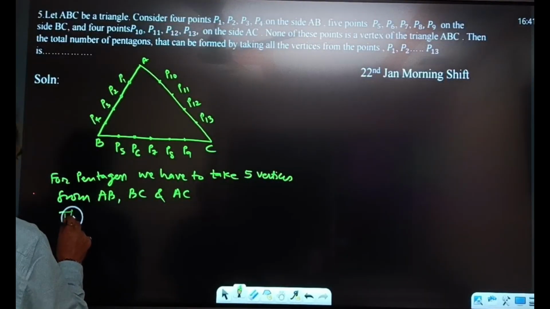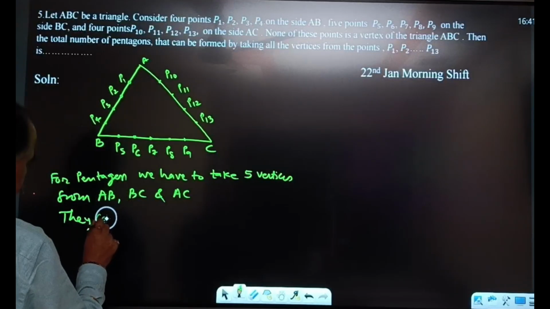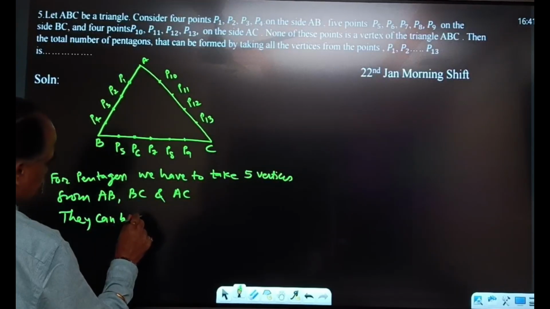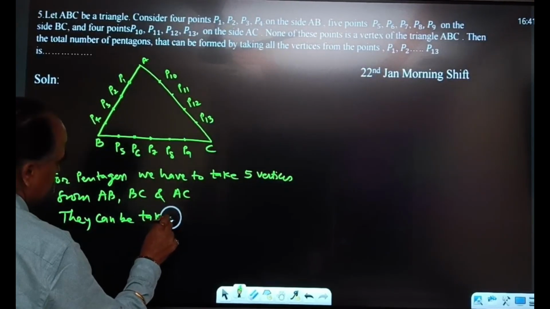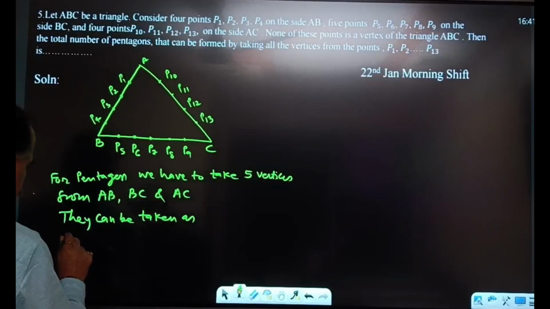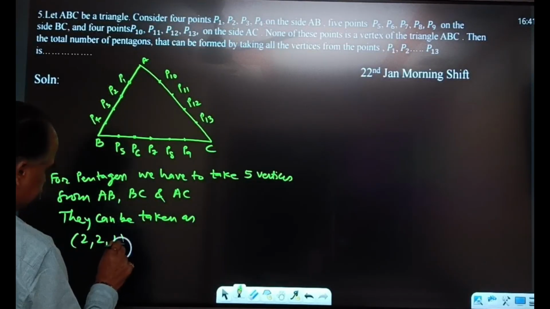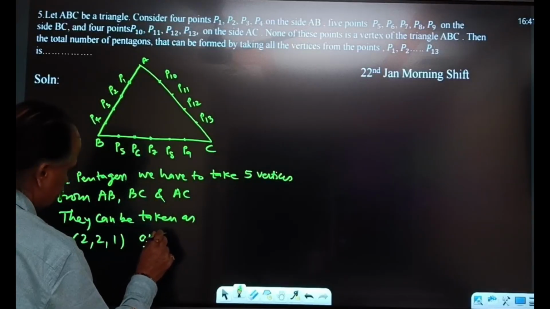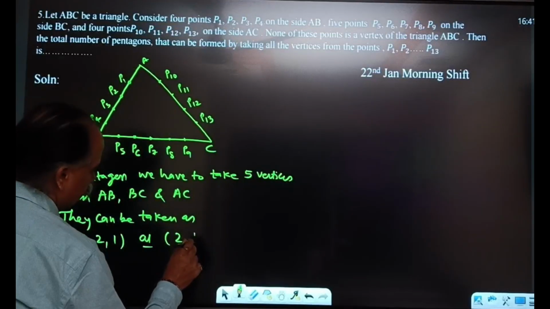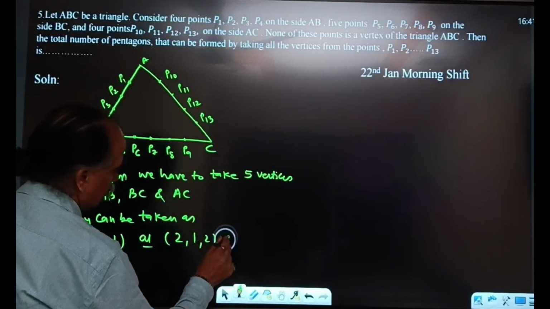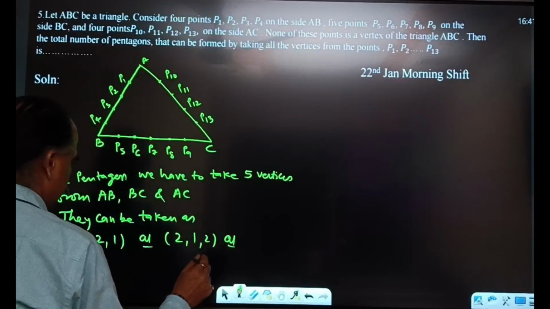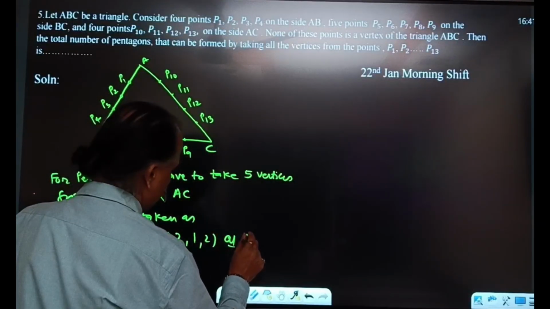They can be taken as 2, 2, 1 or 2, 1, 2 or 1, 2, 2.